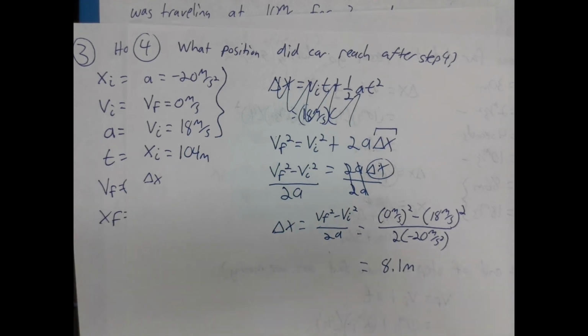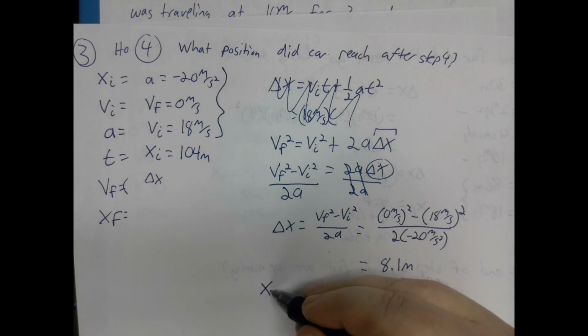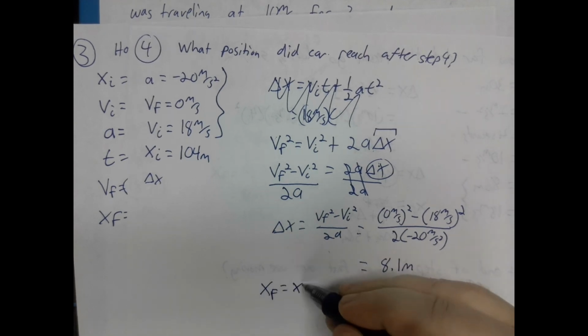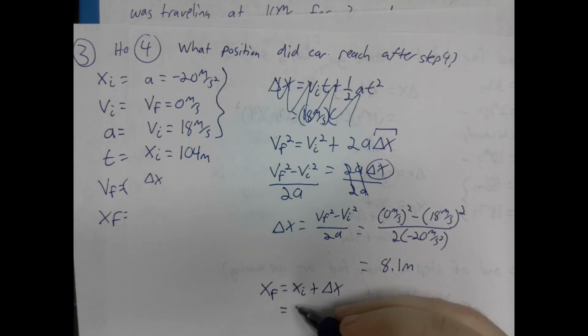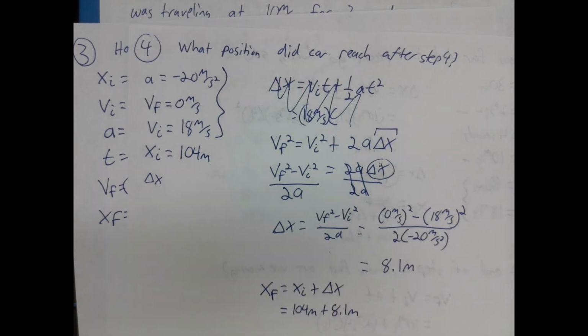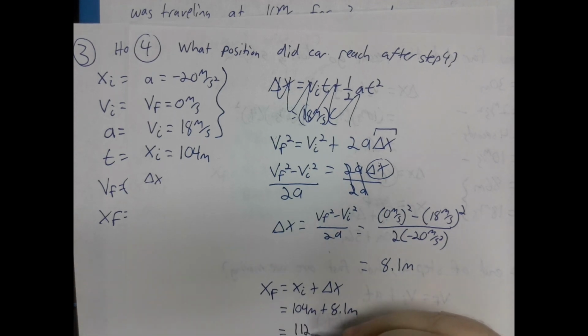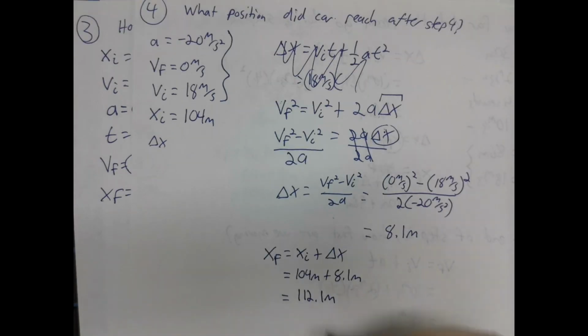And to figure out our final position, it would be whatever we started with, our initial position, plus our change in x. So that would be 104 meters plus 8.1 meters, which will give us 112.1 meters.